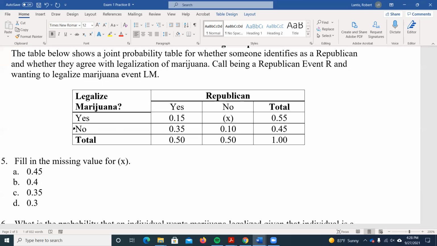So I can find X two ways. 0.15 plus X has to be equal to 0.55, adding across the rows. Or I could add down the columns, so X plus 0.1 is equal to 0.5. In either one, it's just a little bit of algebra. If I do this one, subtract 0.1 from both sides, I end up with X equal to 0.4.